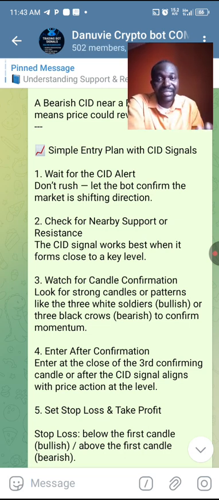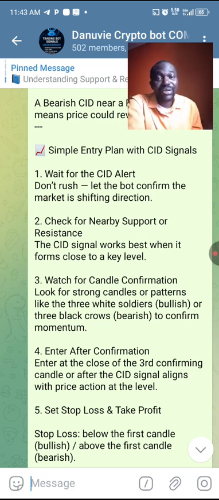What we can see is the graph, the lines, the numbers, the time, the prices, but there are other variables that the bot can see and is calculating. That is the reason why it sends us that change in direction signal. So don't rush, let the bot confirm. After the bot has confirmed that move, it will send it to us as a Telegram notification.